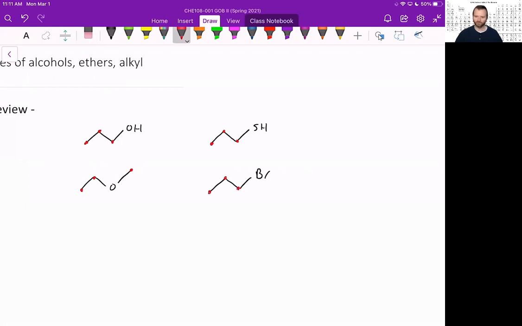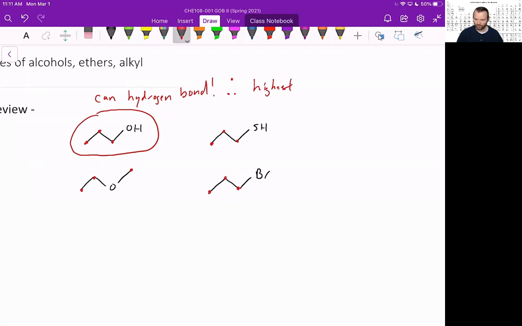Of these four, again, I'm making a comparison because they're similar in size, because they've got the same number of carbon atoms. Only alcohols can hydrogen bond. Therefore, they will have the highest melting point and boiling point among those four classes of compounds.